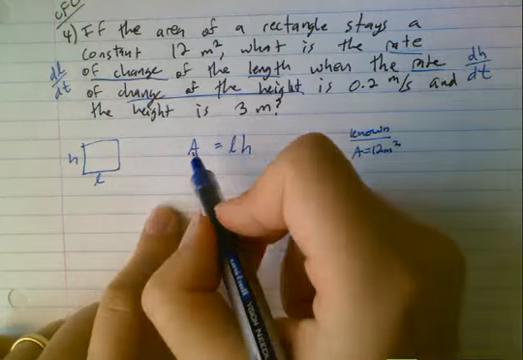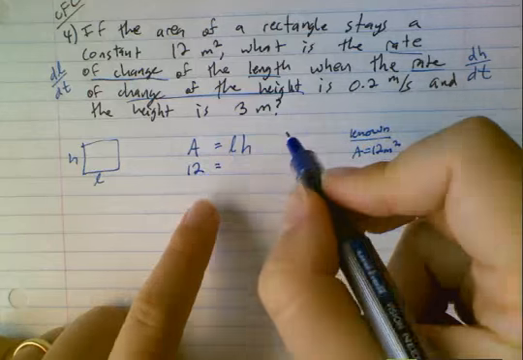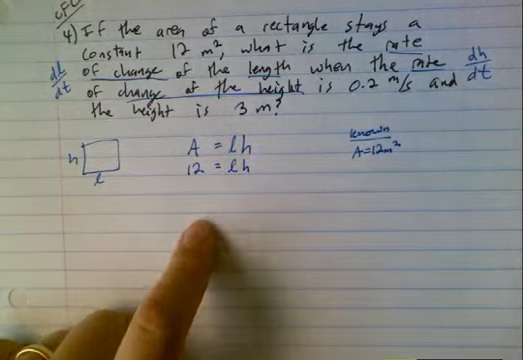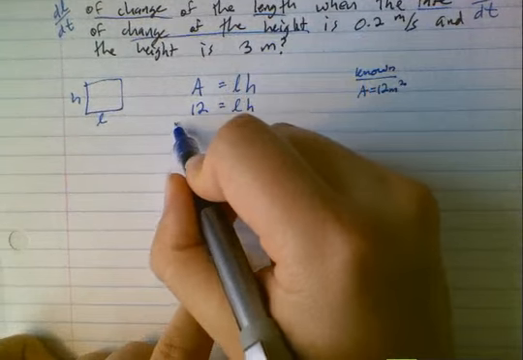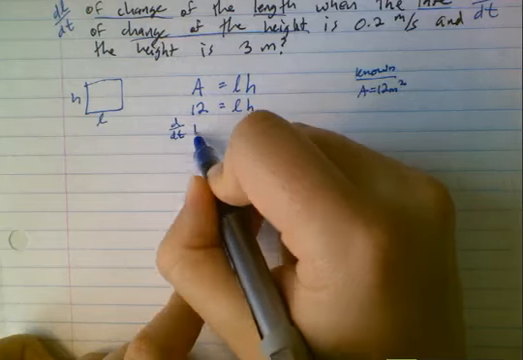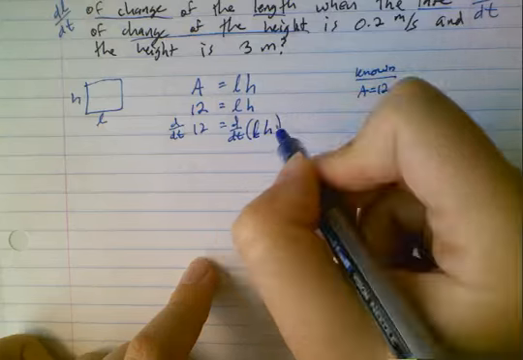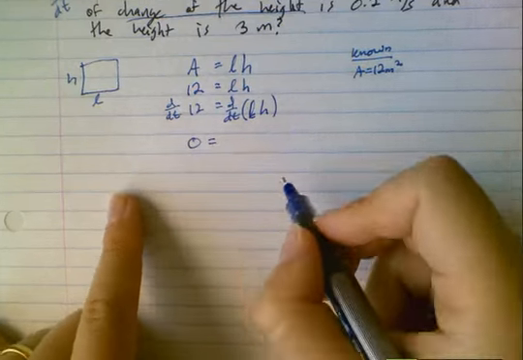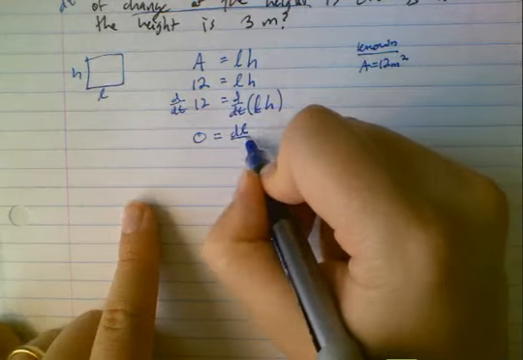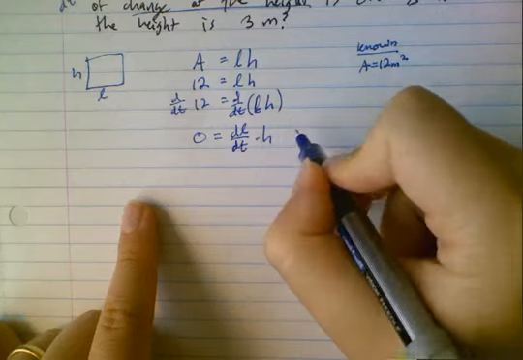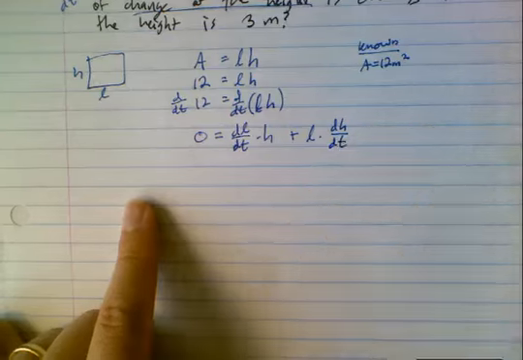This is a constant, so when we take the derivative of it, that's always going to be 0. We can just put in the 12 right now. Derivative of 12 is 0. Doing the product rule, so the derivative of L with respect to t times h plus L times the derivative of h with respect to t.